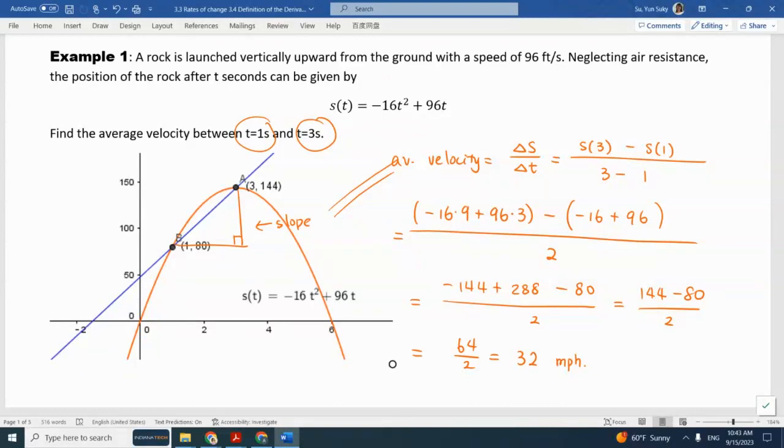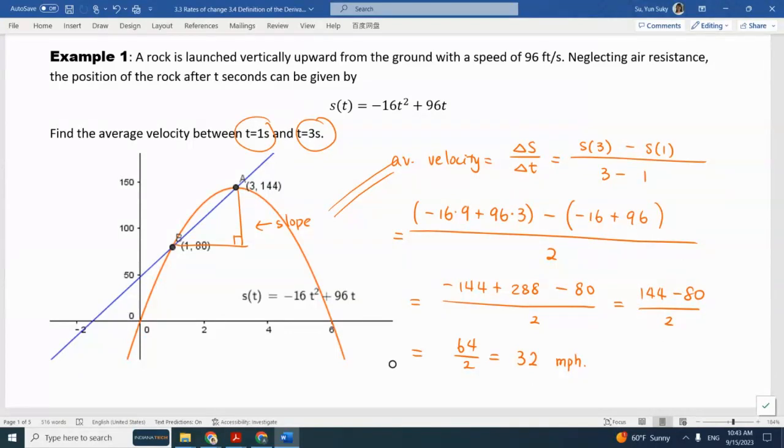Okay, everybody? And you can see those 2 points. This point is 3, comma 144. See, this is 3, comma, s of 3 is 144. And then this point is 1, comma 80. That's why our picture matches with our answer.